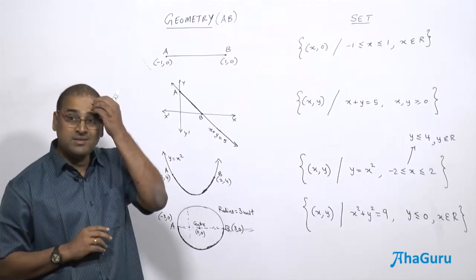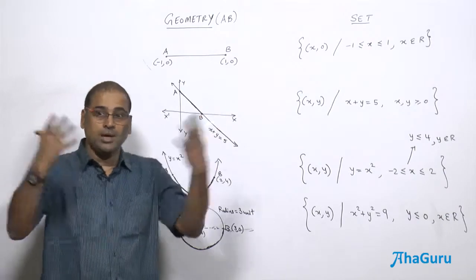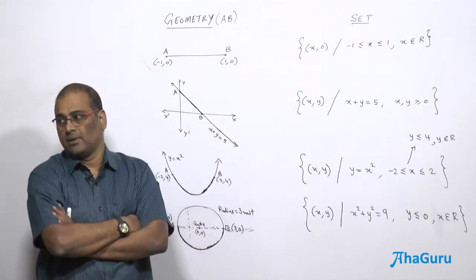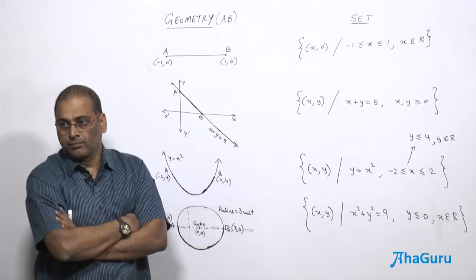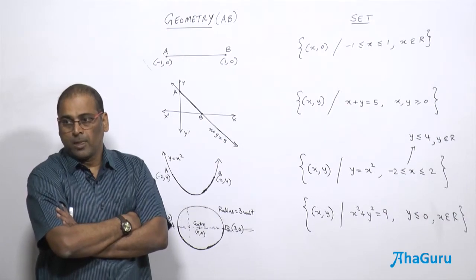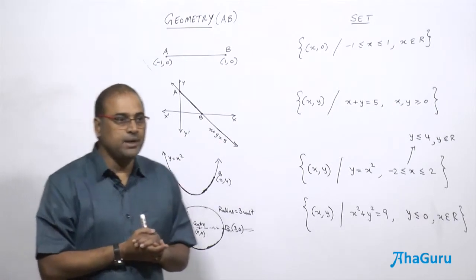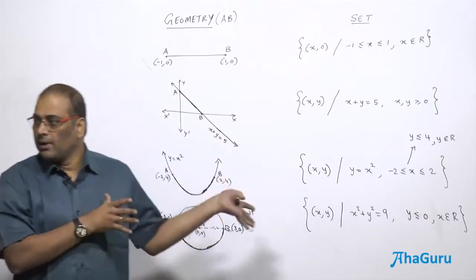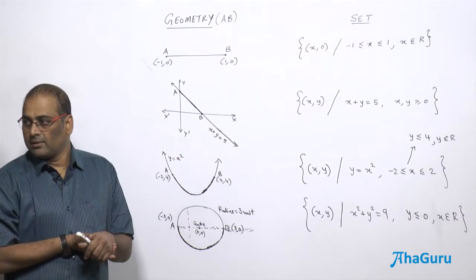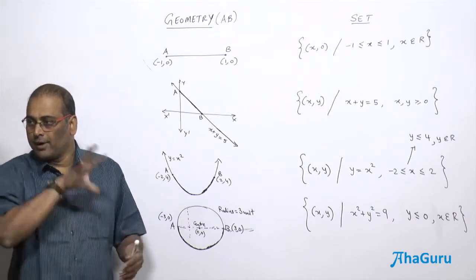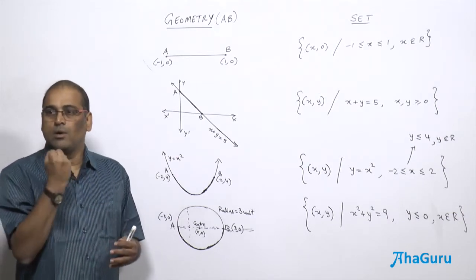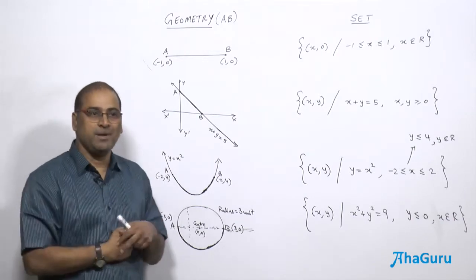Clear? See why this is important, because later on when you go to higher levels, applications of maths, especially like physics, you may have to write some geometric shape or some solid shapes in the case of a set. How do you write it? How do you decode a geometric fellow into an algebraic fellow?